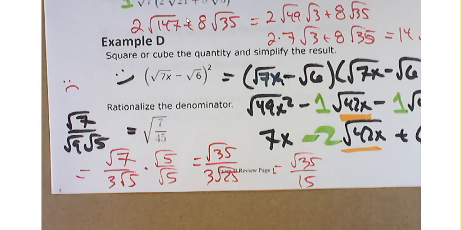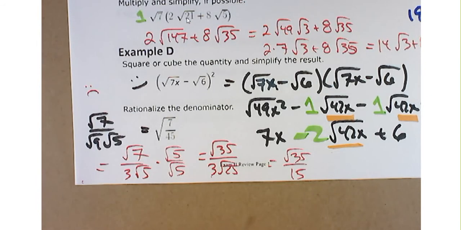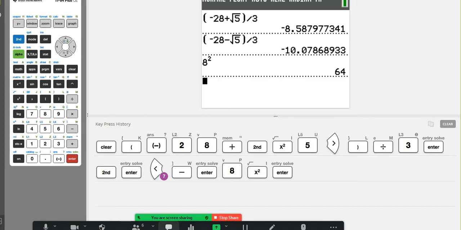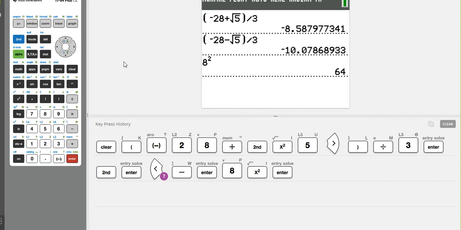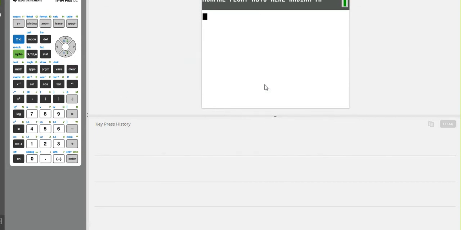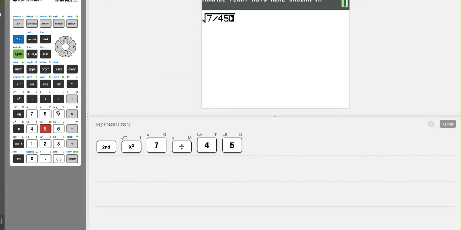Well, let's just check that real quick. We can check that on our calculator. Are we getting the same thing? So here goes. Let me clear out this stuff. On the one hand, I'm going to do a big square root of 7 divided by 45. That's all underneath the radical.